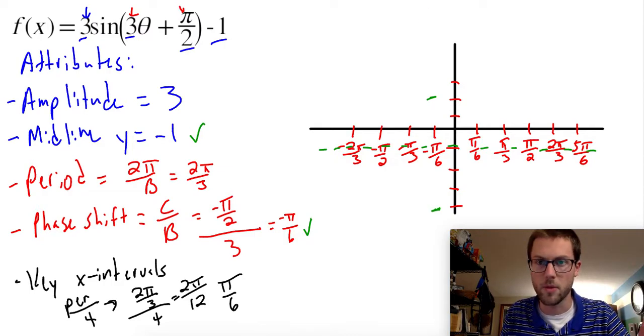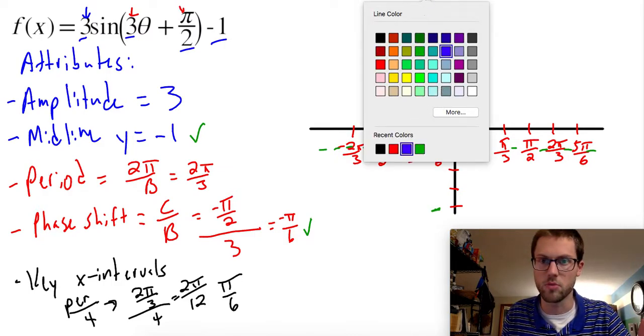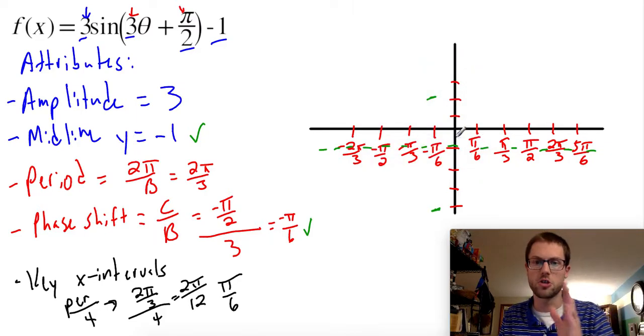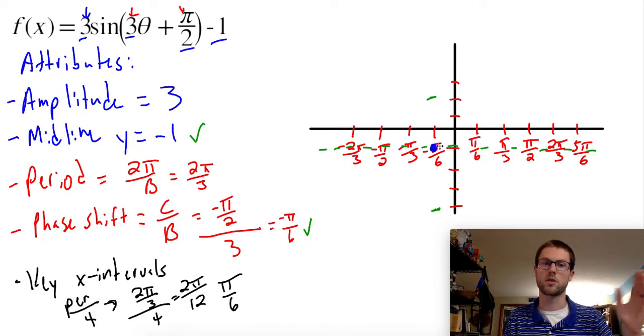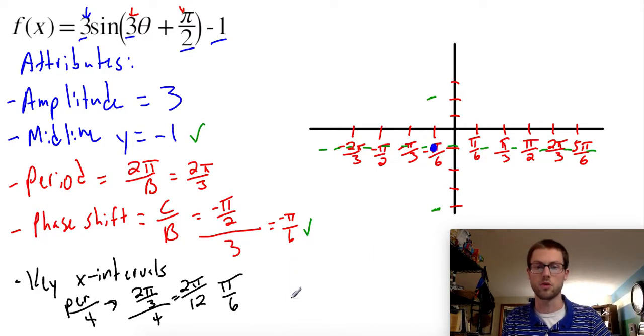So I'm going to put these points here in. Let's go with blue. My shift is, normally remember I'm starting at 0, 0 with my sine curve, but I'm going to shift to the left pi over 6. And my 0 in the y has dropped down to negative 1 where my midline is. So now every pi over 6, I'm going to be moving along that original sine curve pattern where I go up, then the middle, then down, then middle.